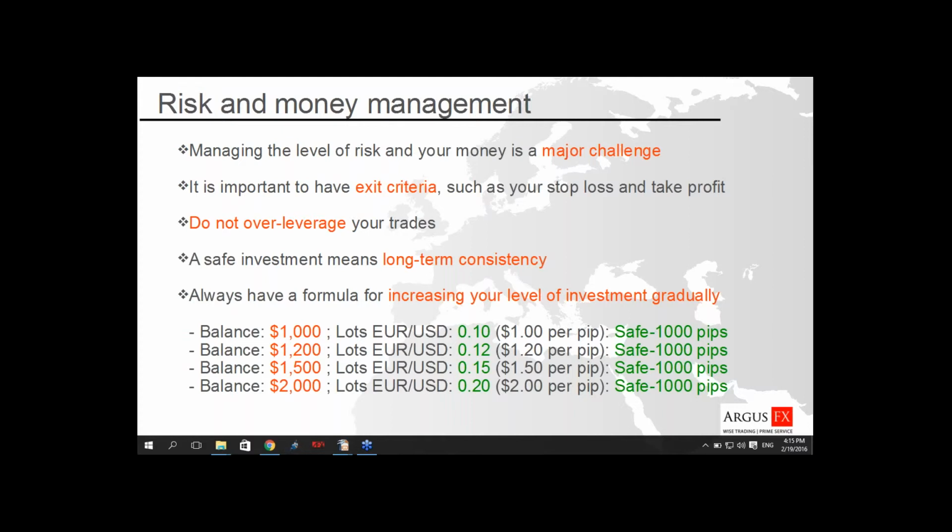Now, if your balance increased to $1,200, the safe investment is 0.12. If your balance now is $1,500, 0.15 is the safe investment. And if your balance increased to $2,000, then a safe lot size is 0.2.